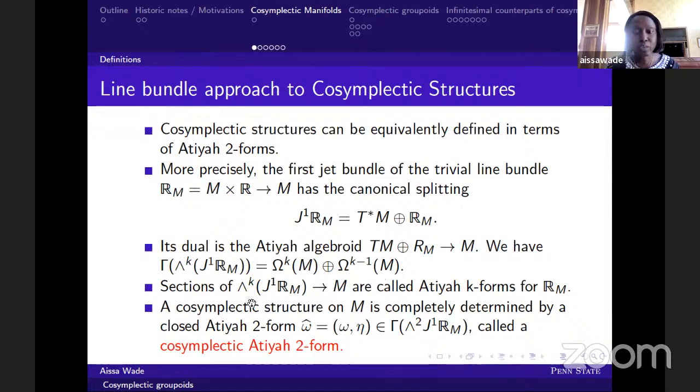In particular for k equal 2, this is what we need. So we'll have a 2-form and a 1-form. So this cosymplectic structure is completely determined by a closed Atiyah 2-form. By Atiyah 2-form, I mean just sections of this vector bundle. So for 2-forms, I call it here omega hat, we have a 2-form and a 1-form.